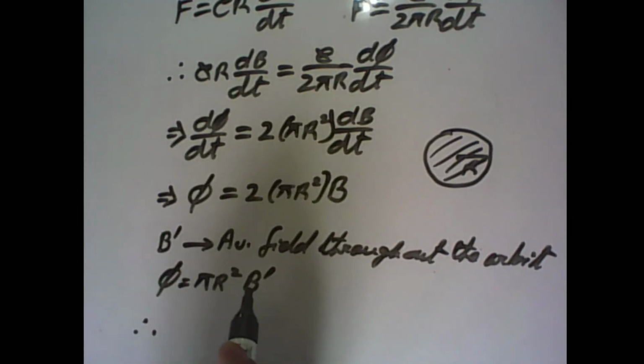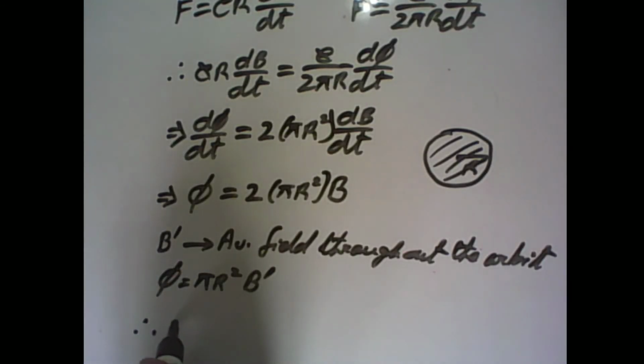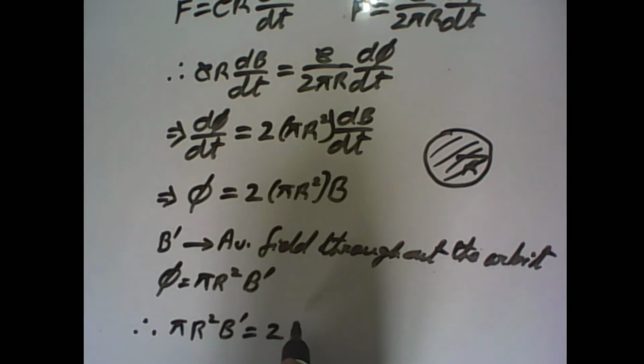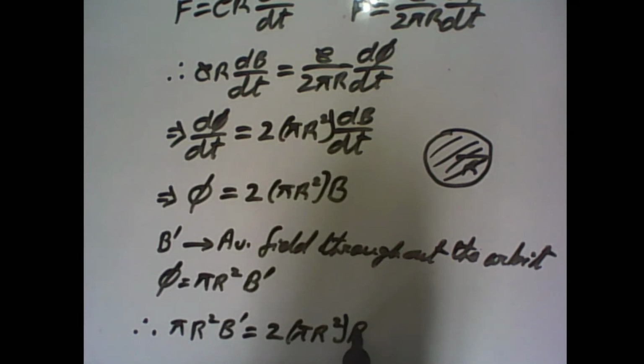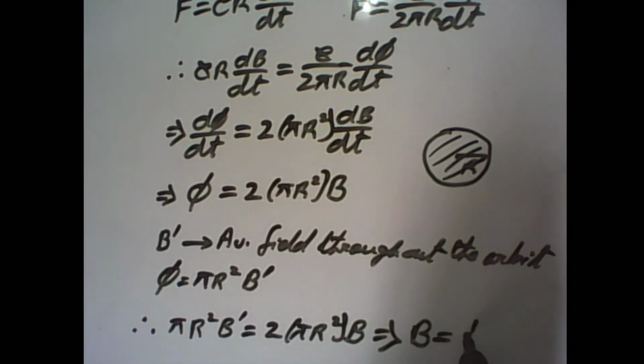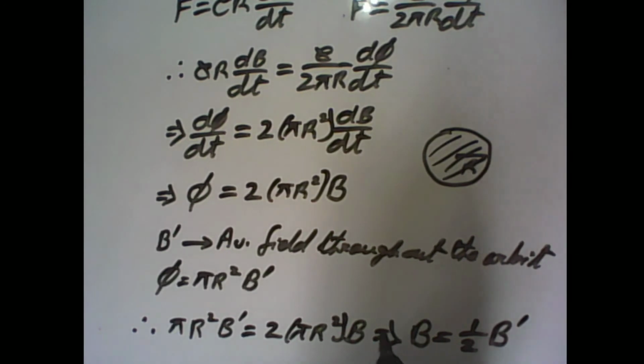Therefore, we can write pi r square B dash is equal to twice pi r square B. So from this we get B is equal to half of B dash. This condition is known as the Betatron condition.